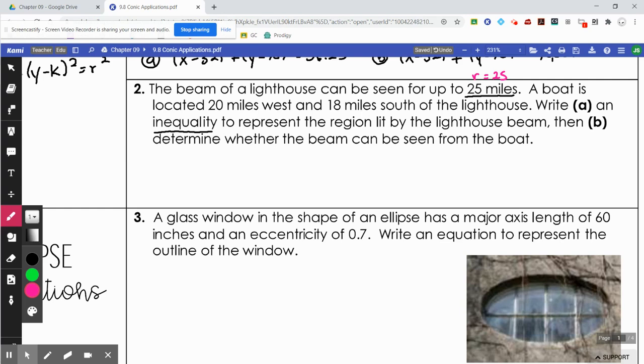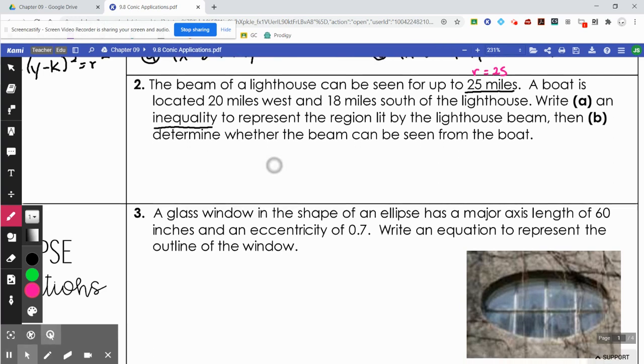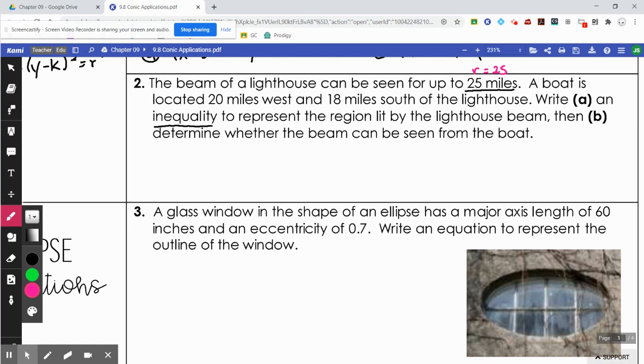So first off, it doesn't give us a center. So we're going to let the lighthouse be the actual center of this circle, located at the point (0, 0). So (0, 0) is my lighthouse. So x² + y² is equal to r². Normally we do equals r², so equals 25 times 25, which is 625.